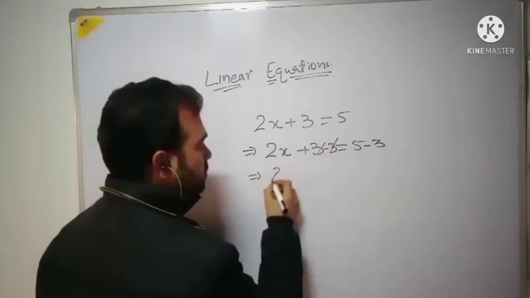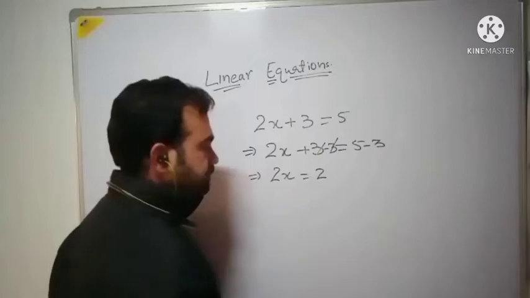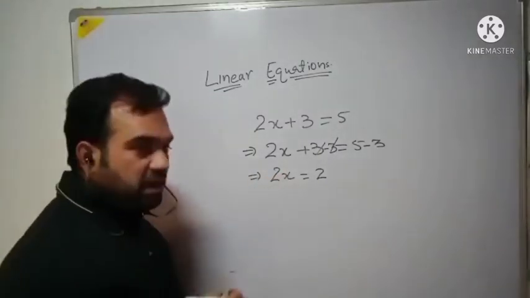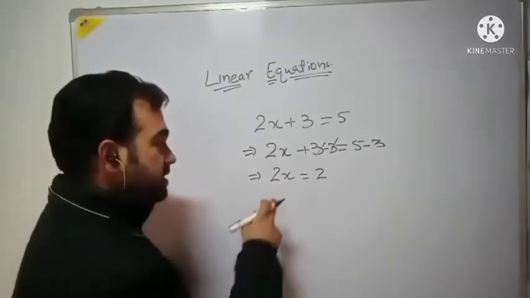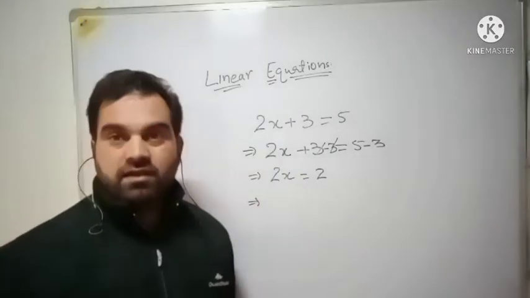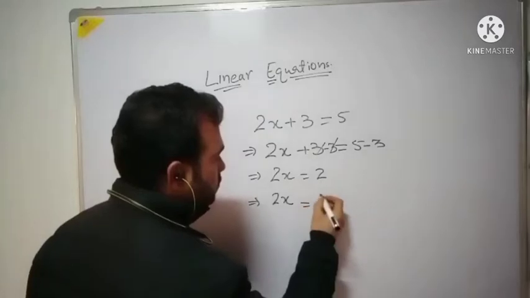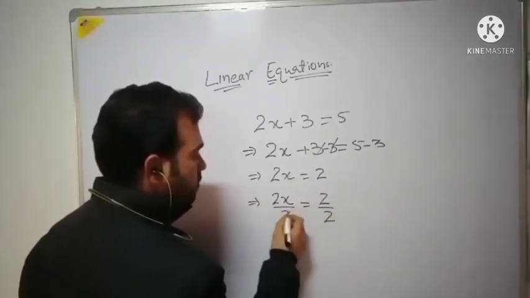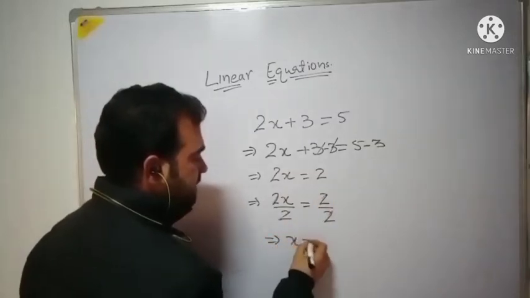We are left with 2x = 5 - 3, that is 2. This 2 is in multiplication with x, so it will get cancelled when we divide by 2. Dividing both sides by 2, 2 and 2 get cancelled. We are left with x = 1.